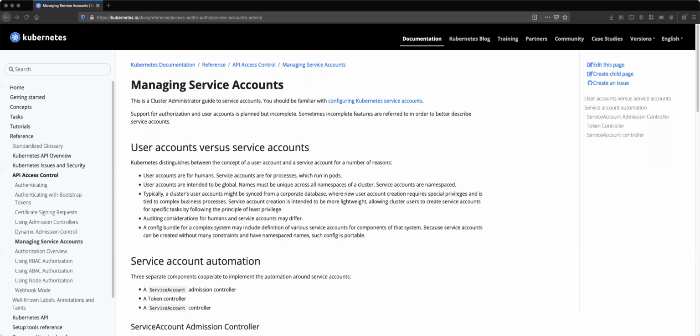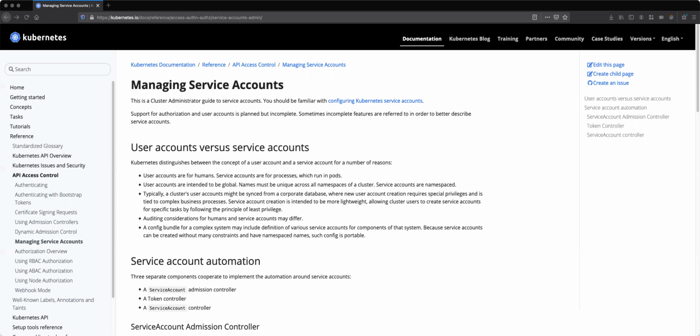Now, explain the difference between both methods of providing a token associated with the service account.